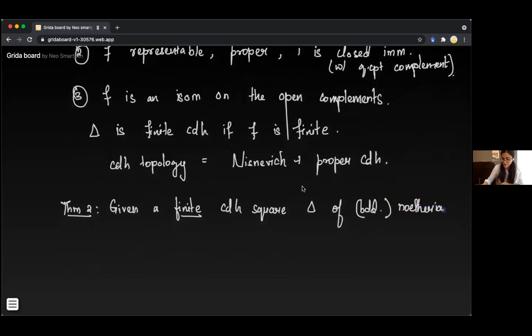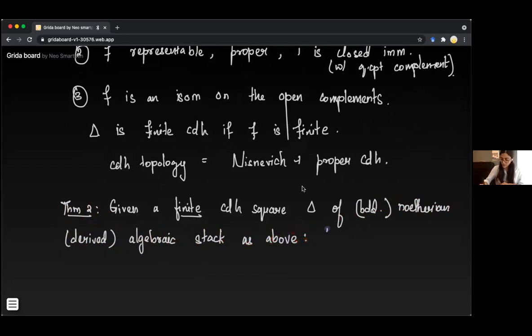So this boundedness is really an assumption when you take derived stacks. A derived stack would be bounded if it has a cover by some affine derived scheme which has bounded homotopy. So, derived algebraic stack as above.